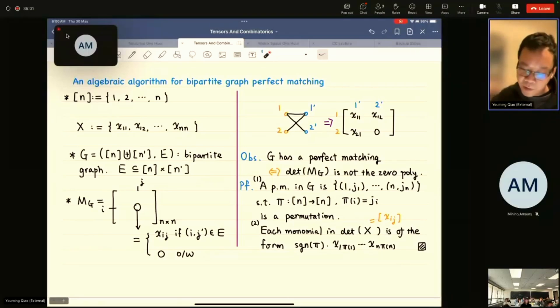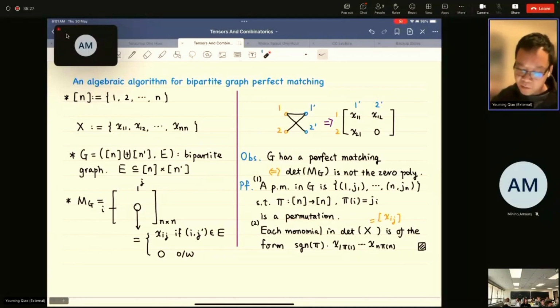For example, if you have a perfect matching here, then this just means that you have a permutation sending 1 to 2 and 2 to 1. In this simple case, of course, this is very easy to observe. In the general case, it's also not hard to see. So a perfect matching in a bipartite graph corresponds to a permutation.